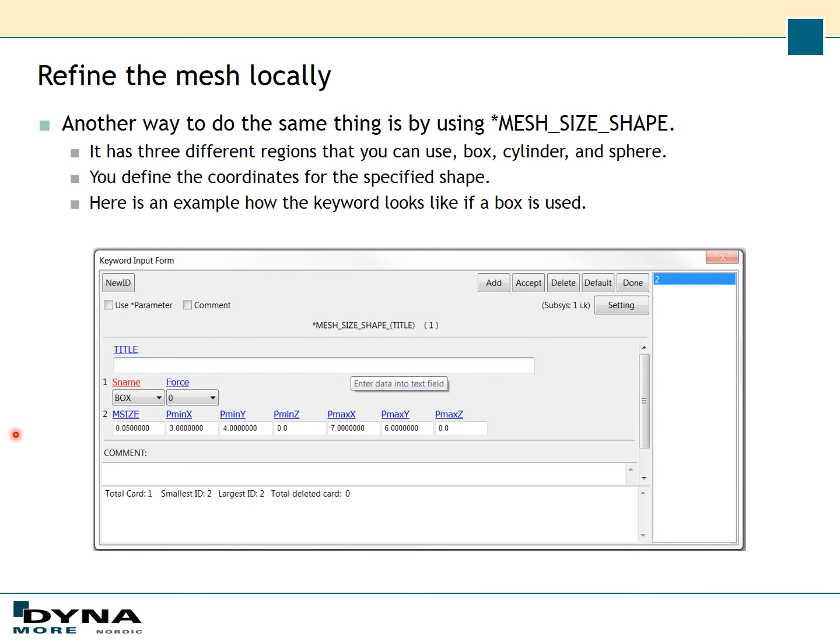Here you choose the shape that you want, and this parameter controls if you should keep the refinement after a remesh occurs. And here you enter the mesh size that you want inside the box in this case, and then you enter the coordinates, the minimum coordinates and the maximum coordinates in each direction.